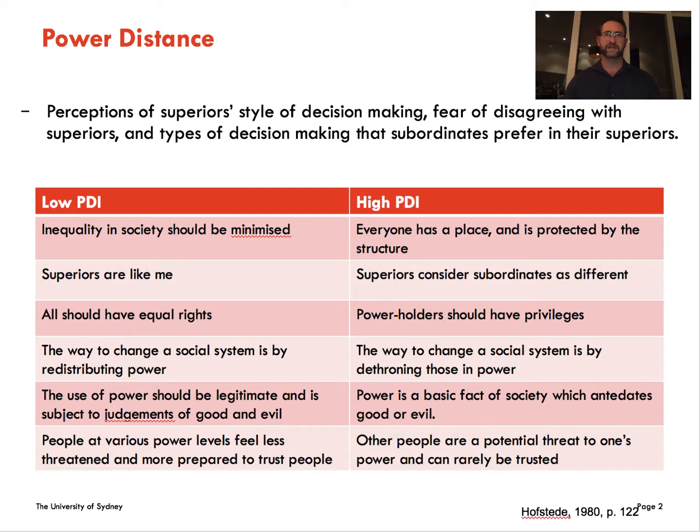Now, the way to change the social system in this kind of environment is actually to dethrone those in power, to topple them, to chop their head off, and generally replace it by someone else, usually maintaining the same structure. In this kind of environment, other people are a potential threat to one's power and generally can't be trusted.